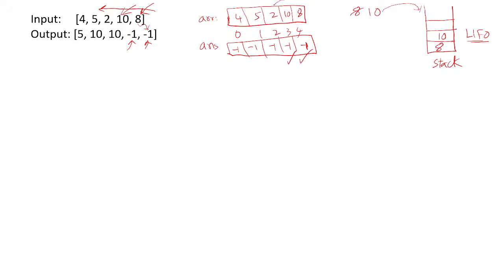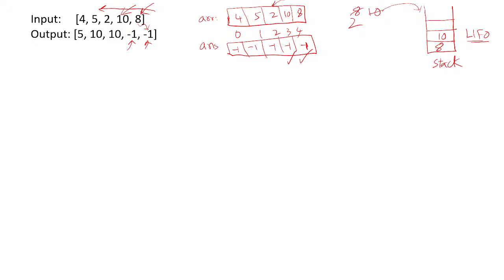Okay, then we'll take the next element. So 2 we will take here. Then we'll test whether the stack top contains a greater element than this element. Yes. So the stack top is what? 10.